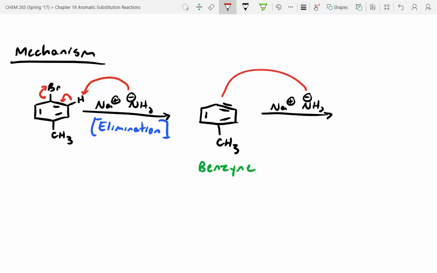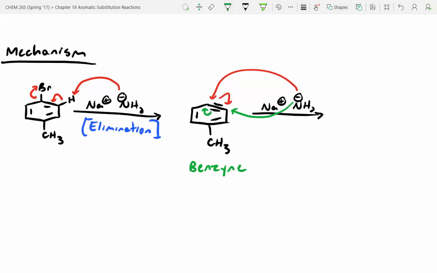The problem is this can attack at that position and kick electrons over, or it could potentially attack, I'll use a green pen, at that carbon and kick electrons over here. They're both somewhat likely, right? Sterically, that methyl group is going to have minimal impact on that side of the ring. It's too far away to really favor attack at the para position or the meta position.